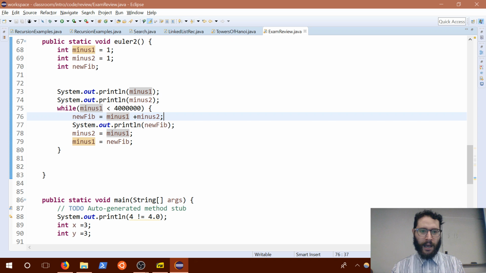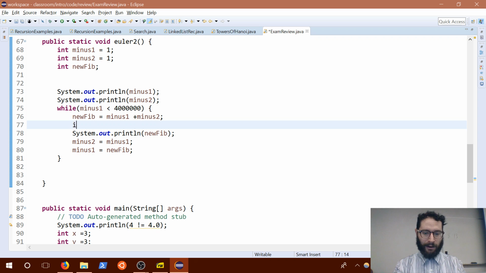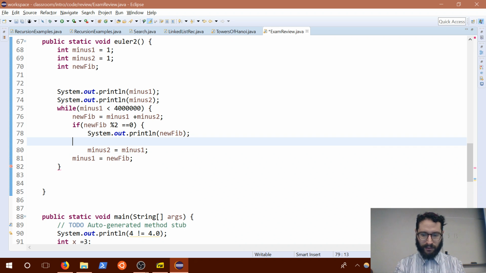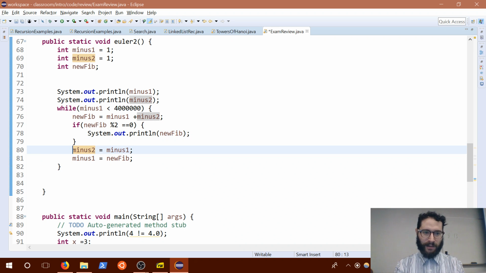Okay. And now really my objective is to sum up all the even terms less than 4 million. So now let's only print it out if it's even, if new fib is even. New fib mod 2 is even. Right, it's because the problem was the sum of all the even Fibonacci numbers less than 4 million.